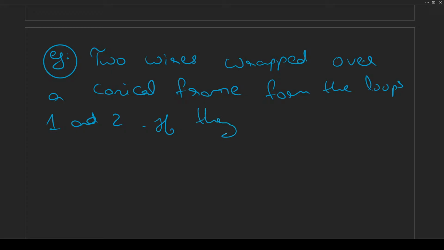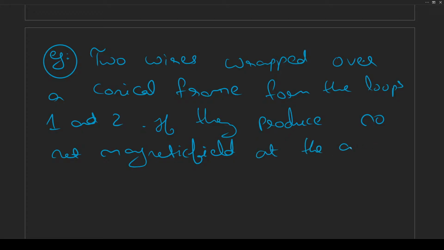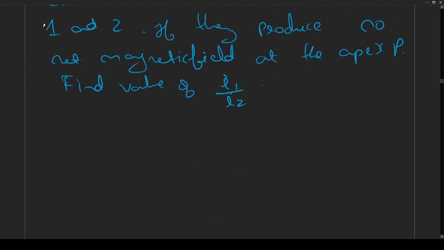If they produce no net magnetic field at the apex P, find the value of I1 by I2. There is a cone like this. That seems very weird.